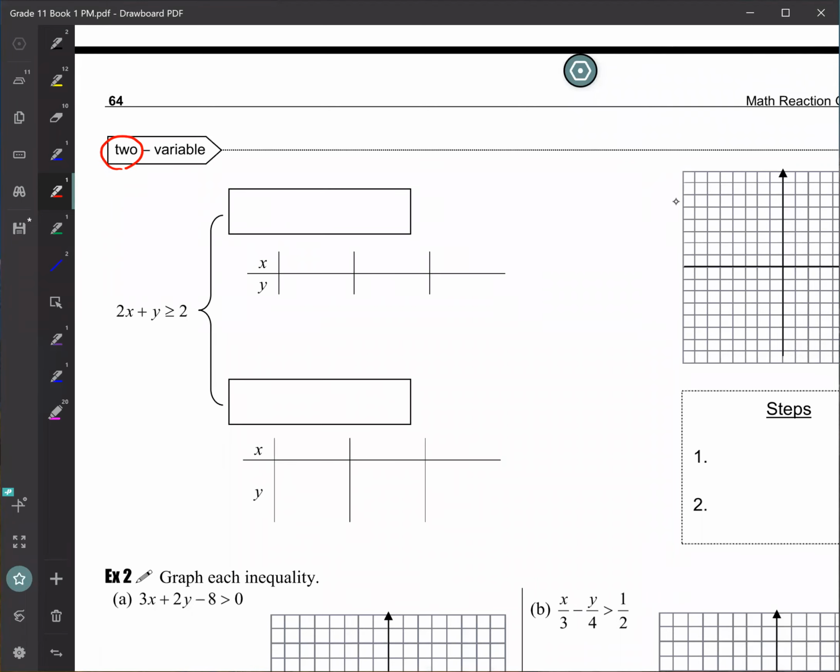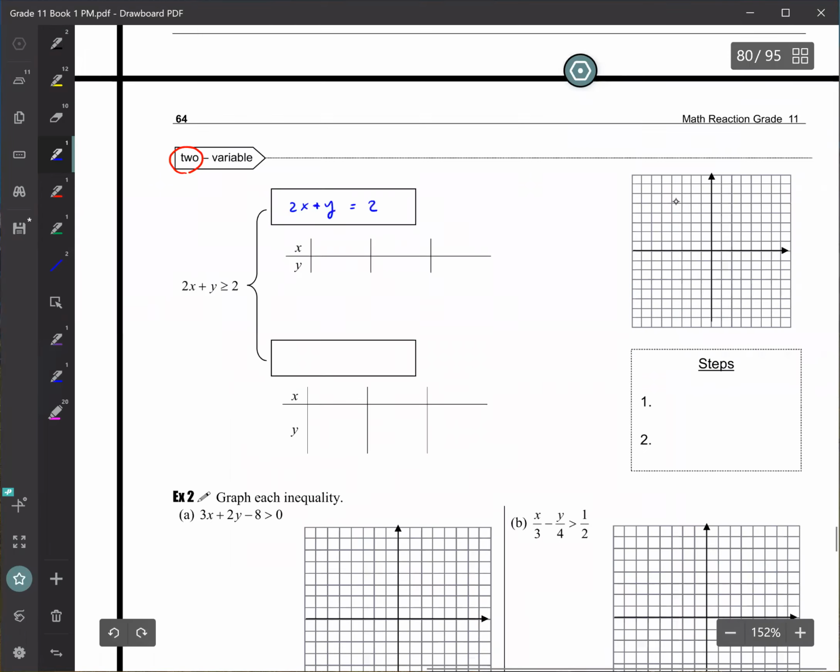It has greater and equal, so I split this into two parts. First part is the equal part. Your step one is to pretend it's equal and then graph that one. So we'll write that down first.